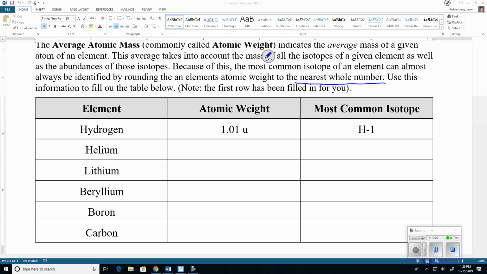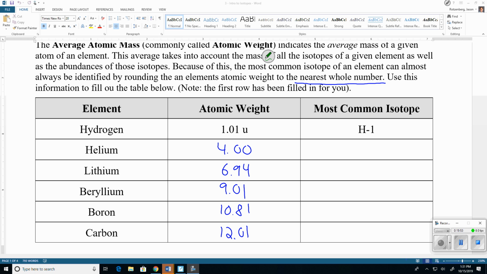So for example, the average mass of hydrogen is 1.01. Well, that's really close to 1. So the most common isotope of hydrogen is hydrogen 1. I'd like you to take a couple of minutes to look at your periodic table, fill in the averages, and then think to yourself what whole number is closest to that to represent the most abundant isotope for those elements.